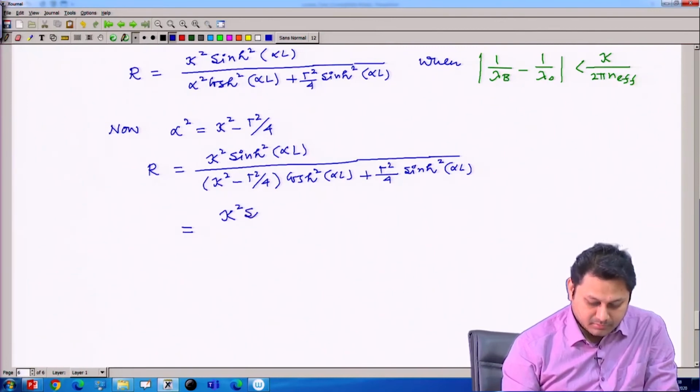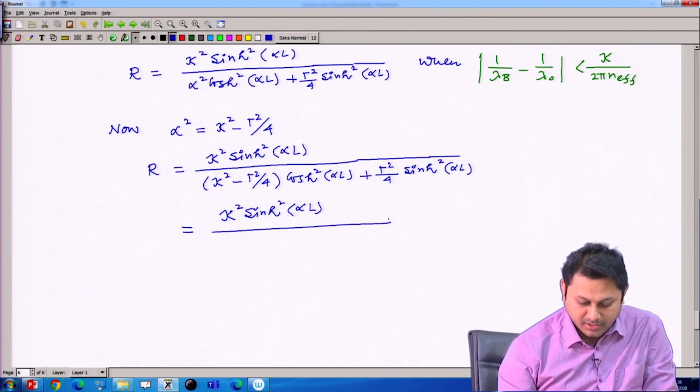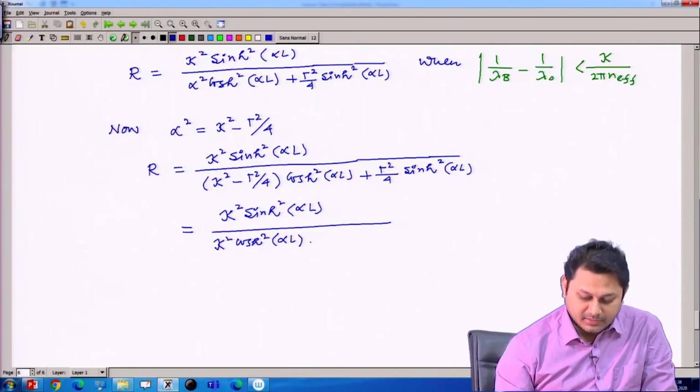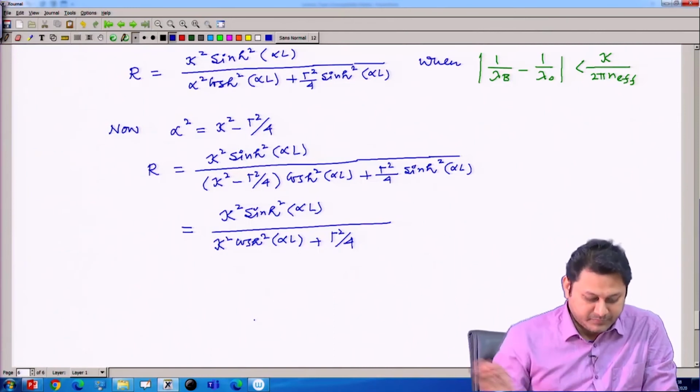This quantity is simply kappa square sine hyperbolic square alpha L divided by kappa square cos hyperbolic square alpha L, and here this quantity is simply gamma square divided by 4, because sine hyperbolic square minus cos hyperbolic square will be 1.